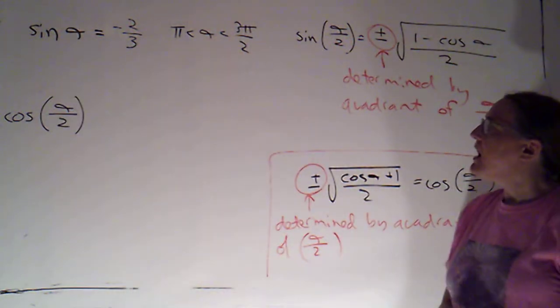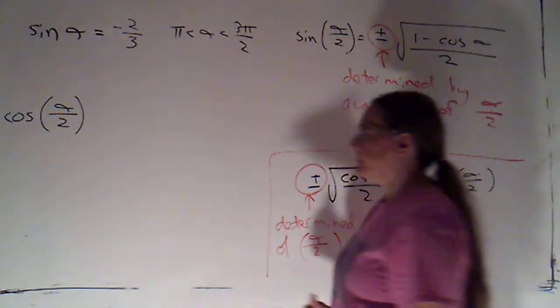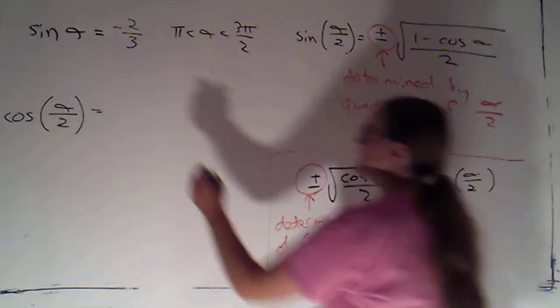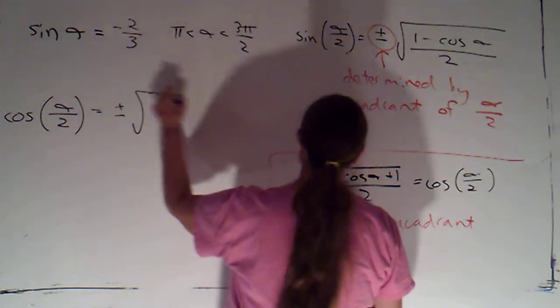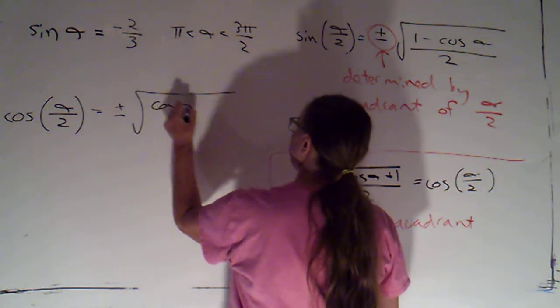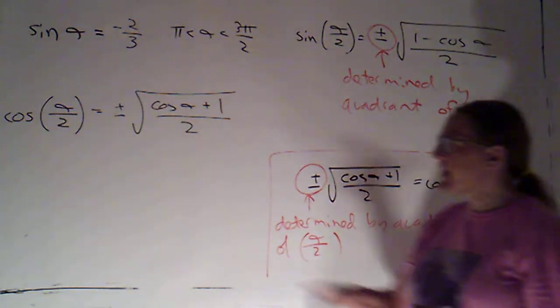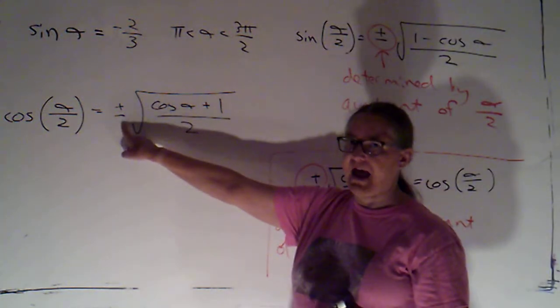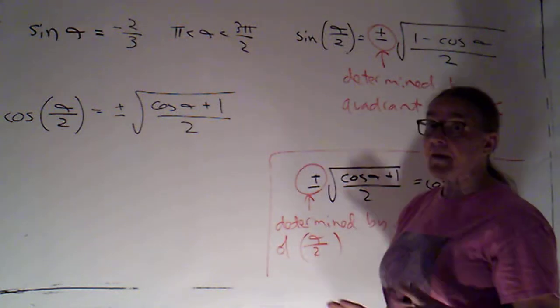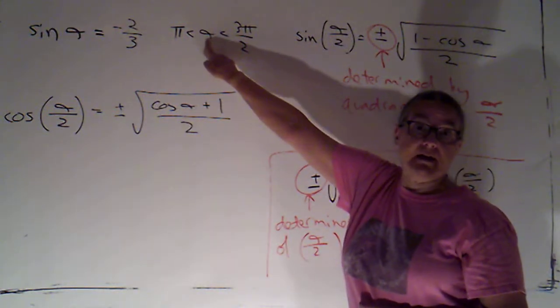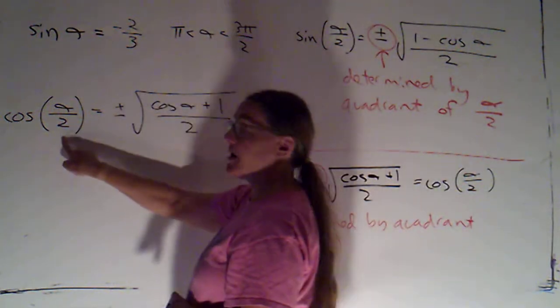All right, so I know from my formula here that it's going to be plus or minus the square root of cosine of alpha plus 1 over 2. Let's deal with that plus or minus right off the bat. Now I need to be careful. This is telling me that alpha's in quadrant 3, but I'm not taking cosine of alpha.